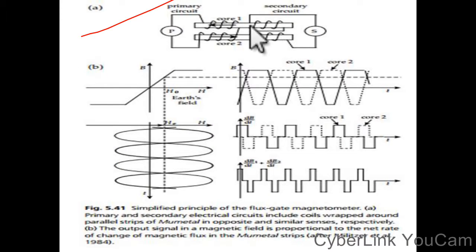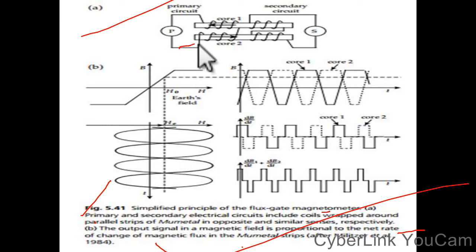A primary circuit. Simplified principles of a fluxgate magnetometer. Primary and secondary electric circuits include coils wrapped around parallel strips of metal in opposite and similar senses respectively. The output signal, the electromotive force, is proportional to the net rate of change of magnetic flux.